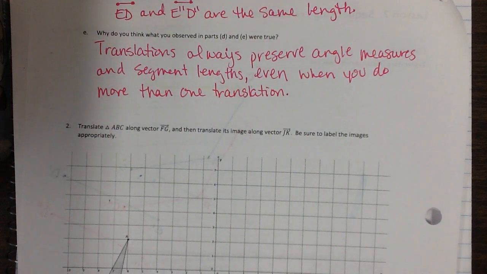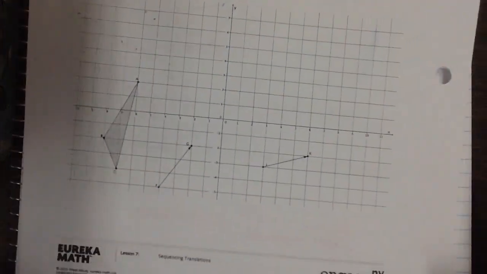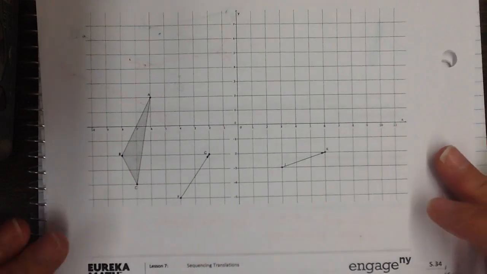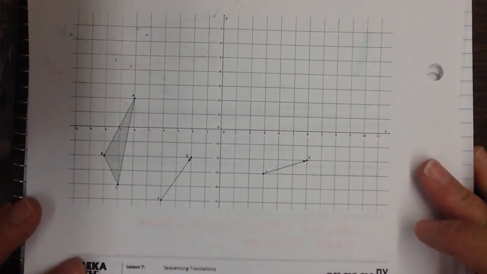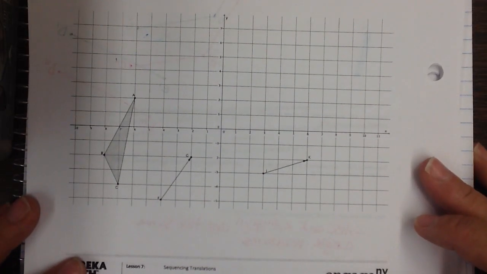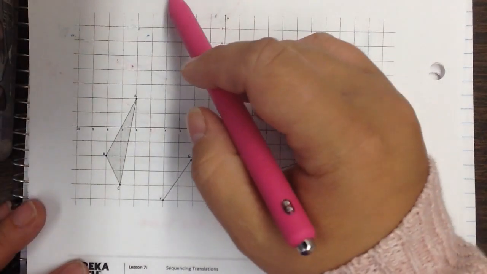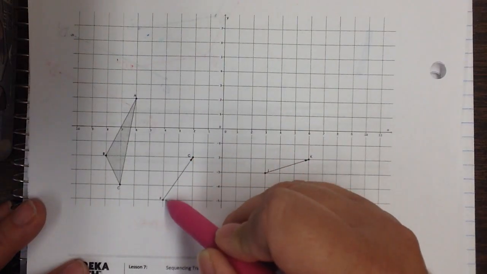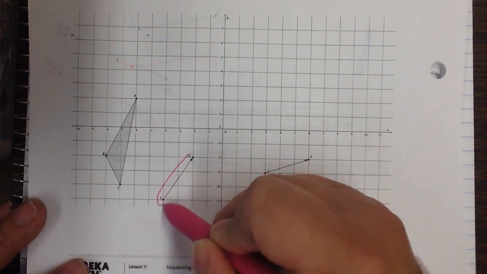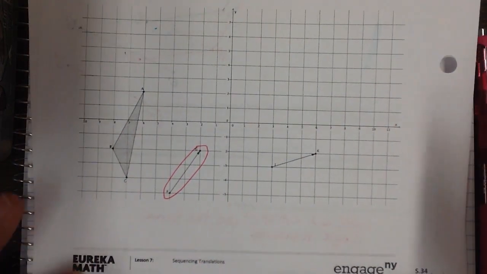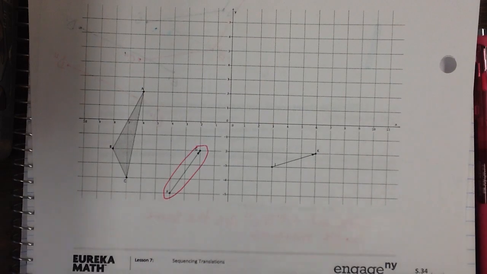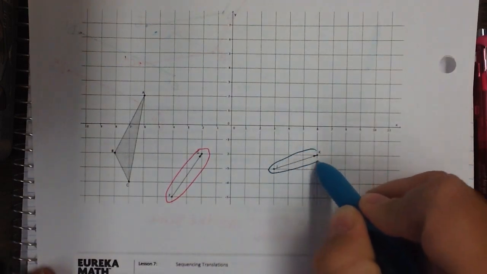Okay, so now number 2, translate triangle ABC along vector FG and then translate its image along vector JK. So we're first going to do FG, which is right here. I'm going to circle it because I'm going to draw it in pink. And then we're going to do JK over here.